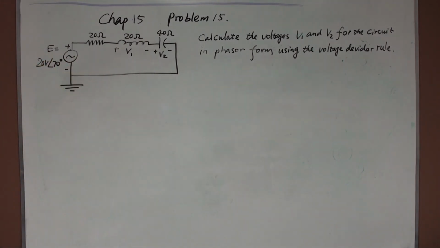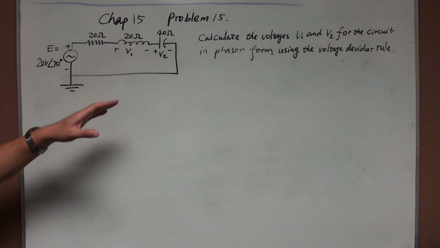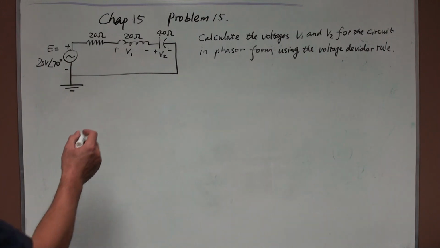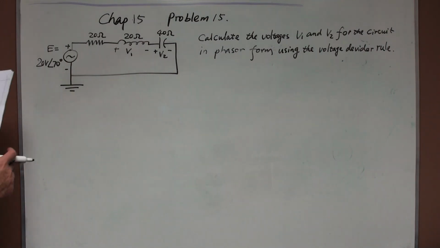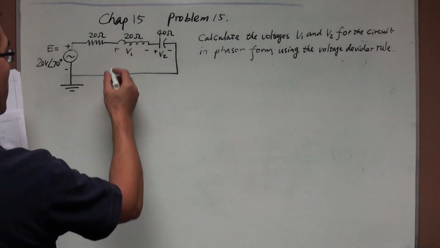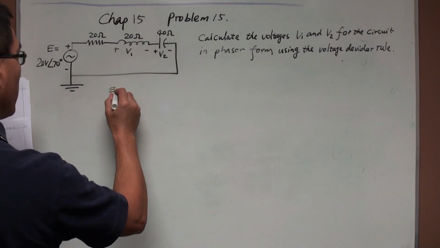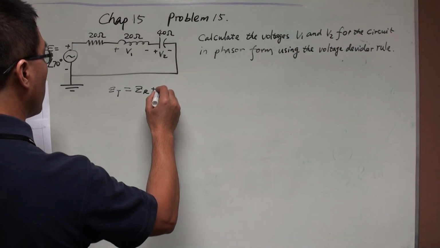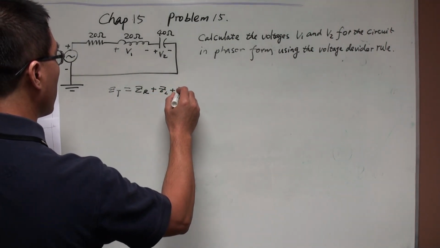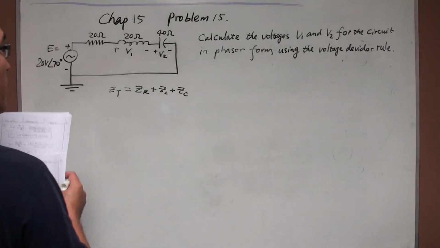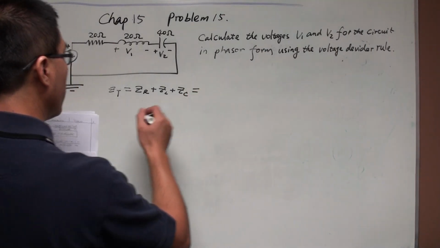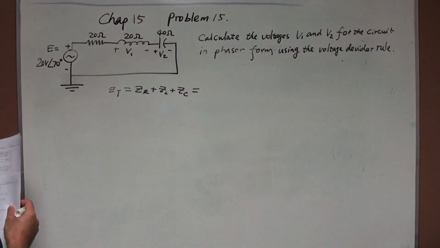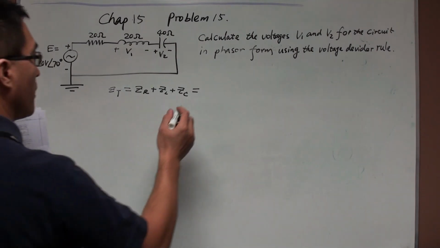Okay, so to calculate the current, first we have to find out the total impedance. So what is the total impedance? The total impedance for this circuit, say ZT, will be equal to ZR plus ZL plus ZC, right? And ZR, we know, is the resistance of the resistor.